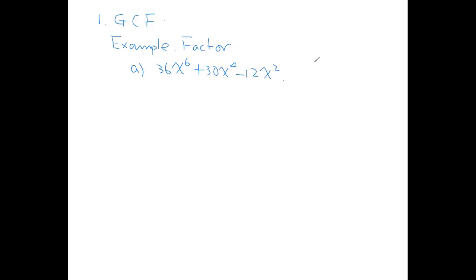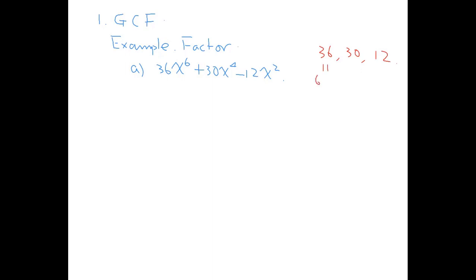Here, we first look at the numerical part: 36, 30, and then 12. Here, the greatest common factor is 6.